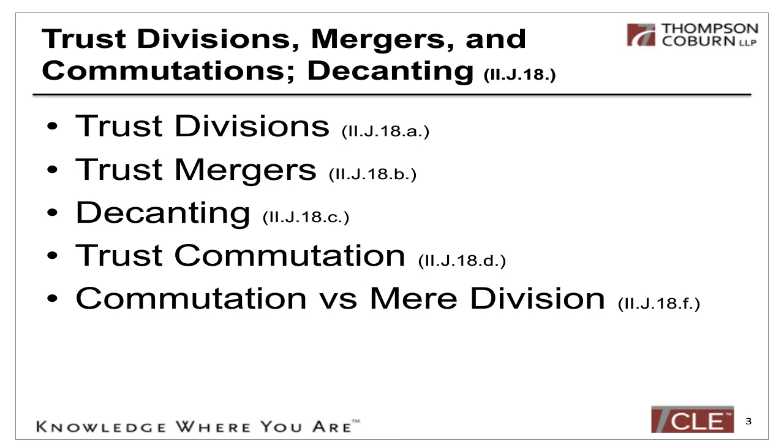And we will talk about the different flavors of decanting. A trust commutation would be when somebody's interest in the trust is bought out. And in some ways, that's like some of the things that are above it, but in other ways, it's not. And we'll go through the distinction to compare a commutation to a mere division.